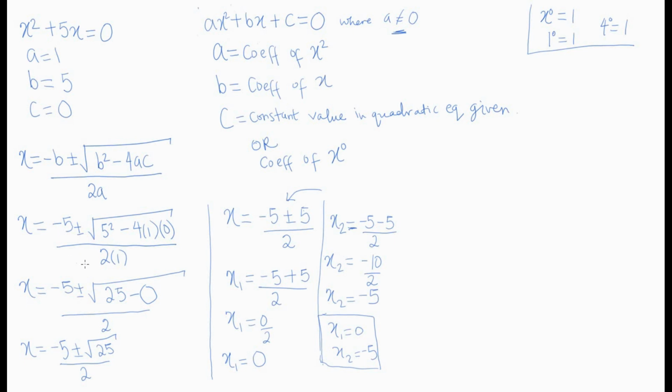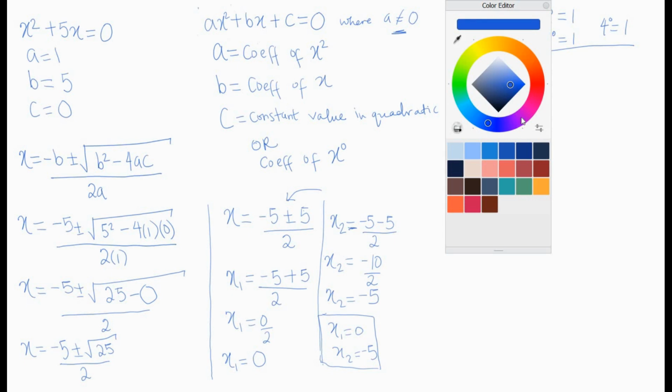So if you're a student who struggles a lot with anxiety in exams and you've solved it but you're not sure if you got the correct answer, in example 1 I did in a previous video, I showed you something called a check. I'm going to show you how to do a check here as well.